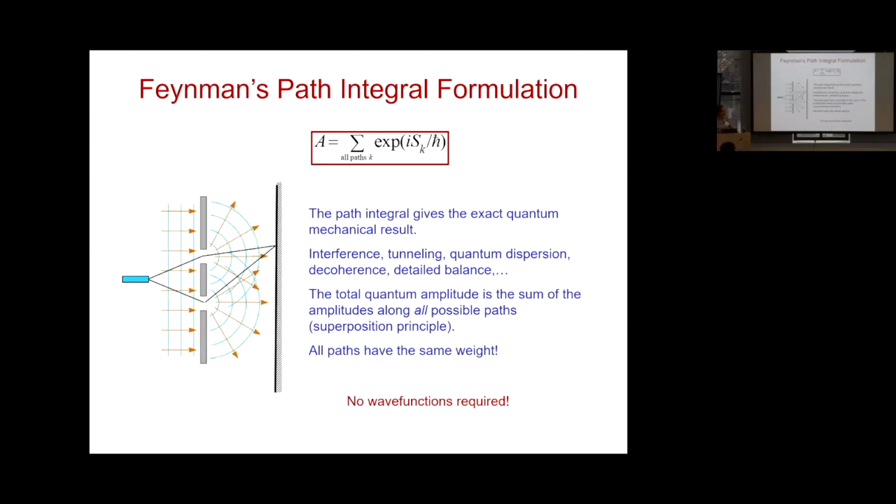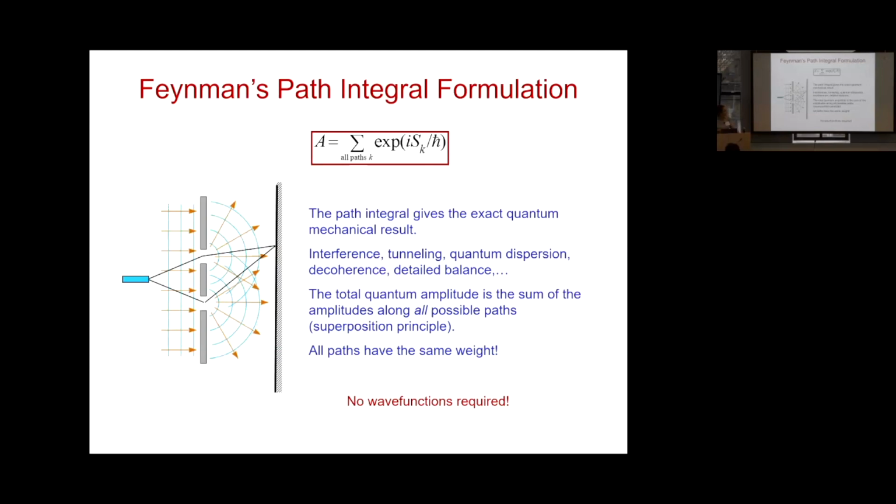So it contains all the quantum mechanical effects, such as interference, tunneling, delocalization, decoherence, and everything comes from the interference, constructive or destructive, among those phases. Note that the quantum mechanical amplitude along any particular path has a modulus equal to 1. So they're all important in terms of their weight.